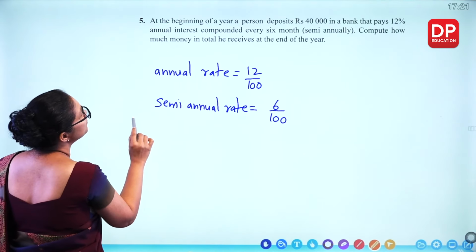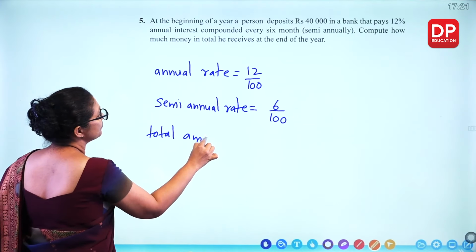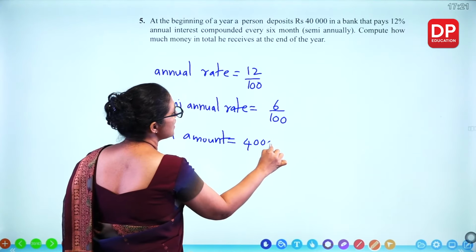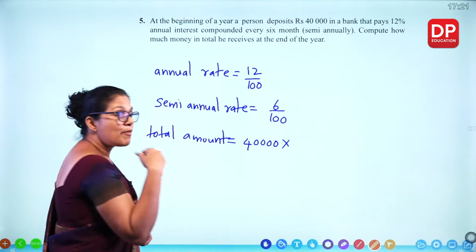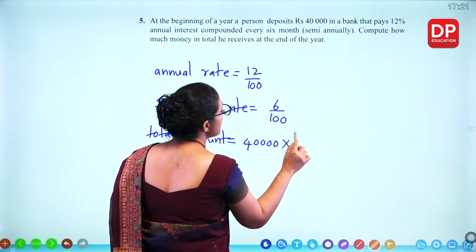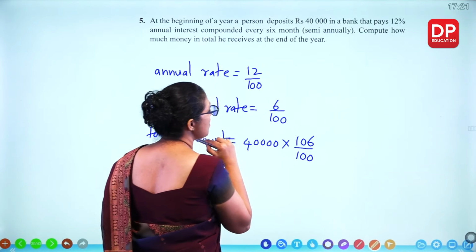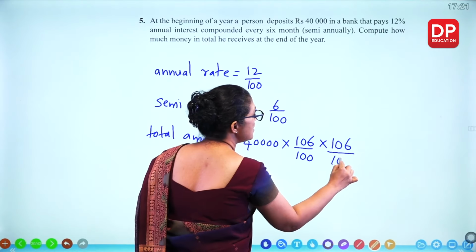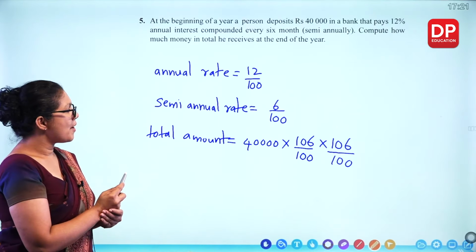So what's the total amount? Initial value is 40,000 and 6% semi-annually compounded. So 6 plus 100, 106 over 100. This is semi-annually, again twice for a year. So that's the total amount.